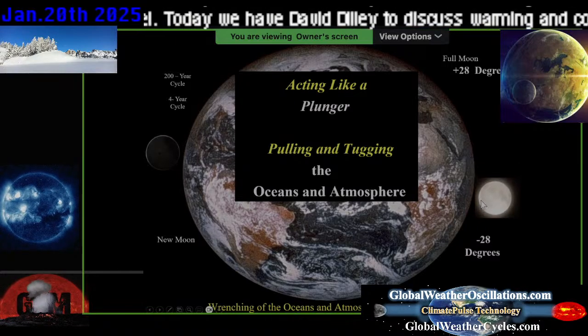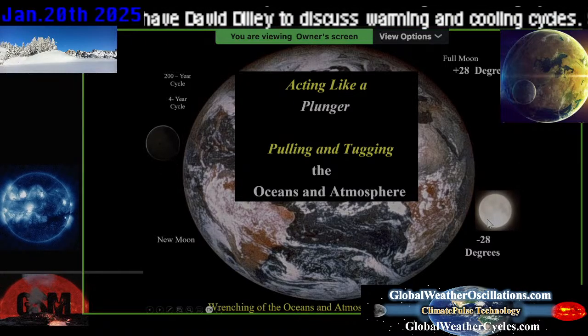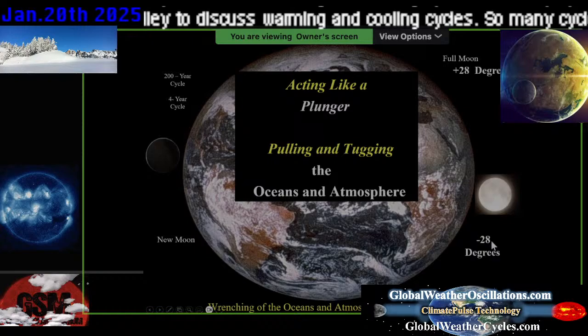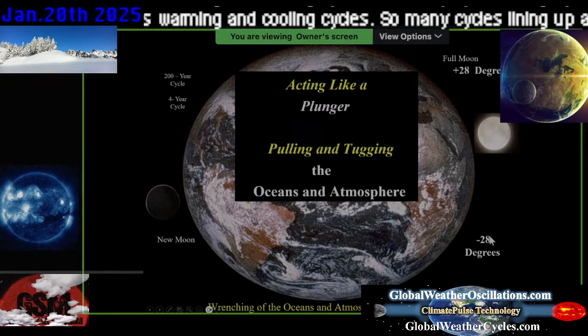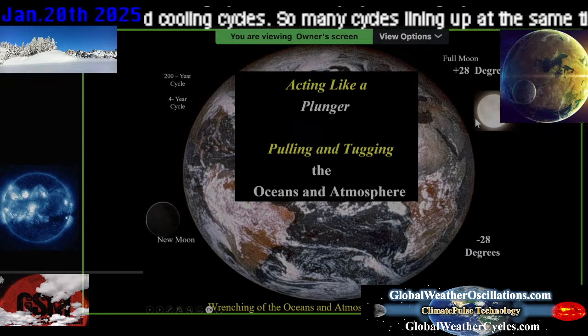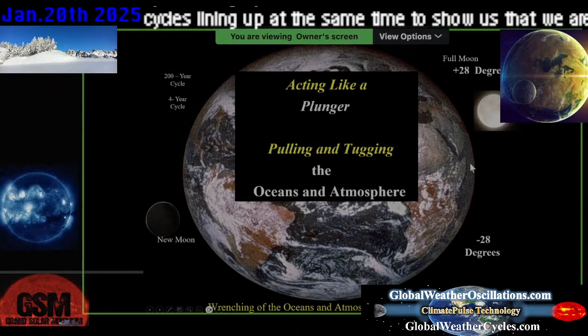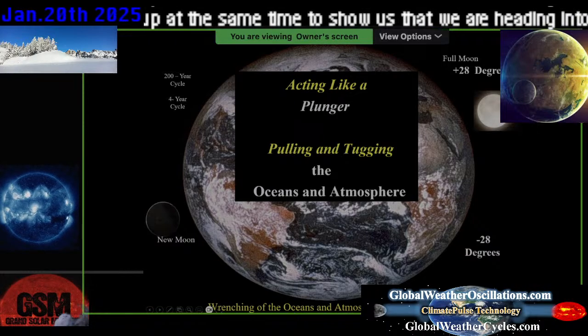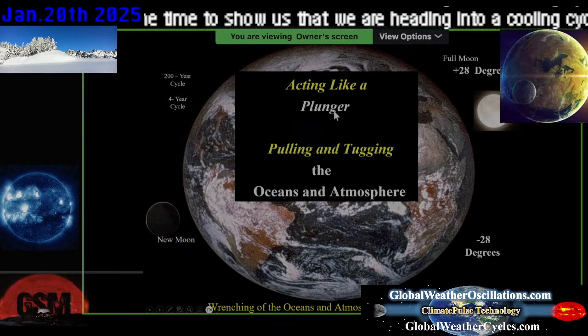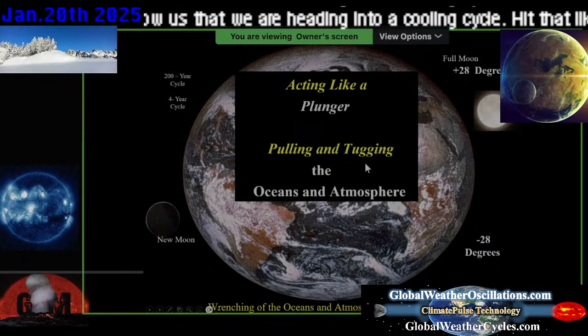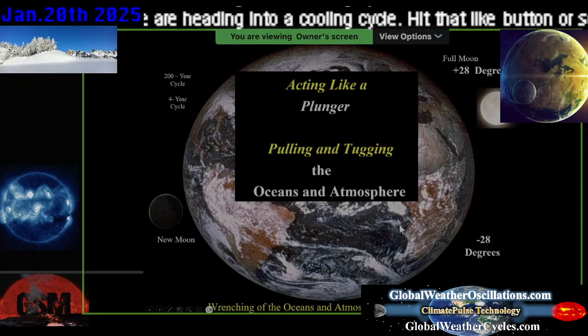And here is the new moon. It goes on 4-year cycles, comes down to 28 degrees below the equator, about 28 degrees above the equator. The new moon on the left does the same. The new moon can be just as strong as the full moon. It acts like a plunger, pulling and tugging at the oceans and atmosphere.